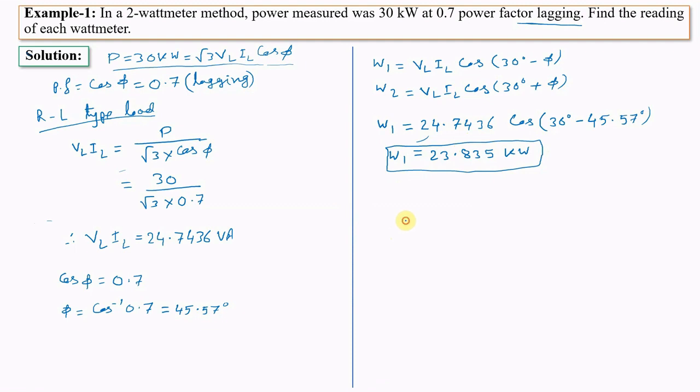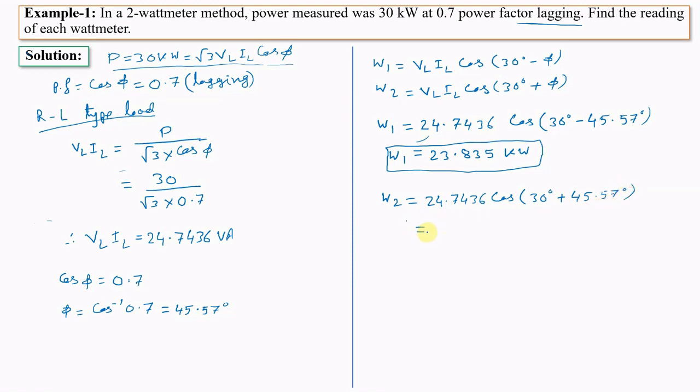Similarly, the reading of the second wattmeter, that is W2, is VL IL, that is 24.7436 into cos (30 plus 45.57 degrees).